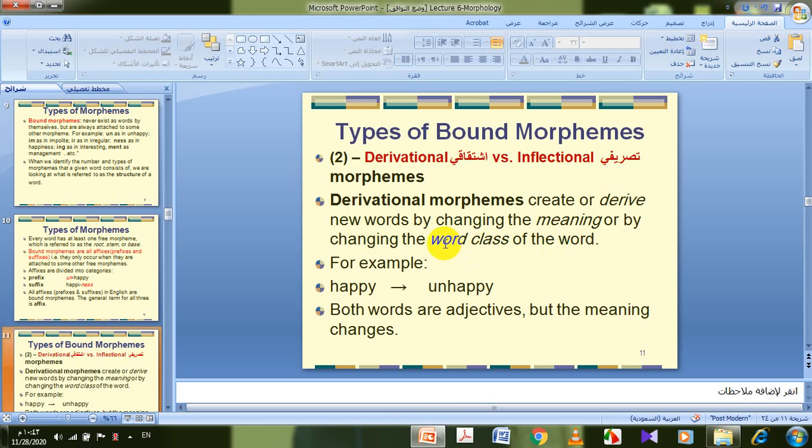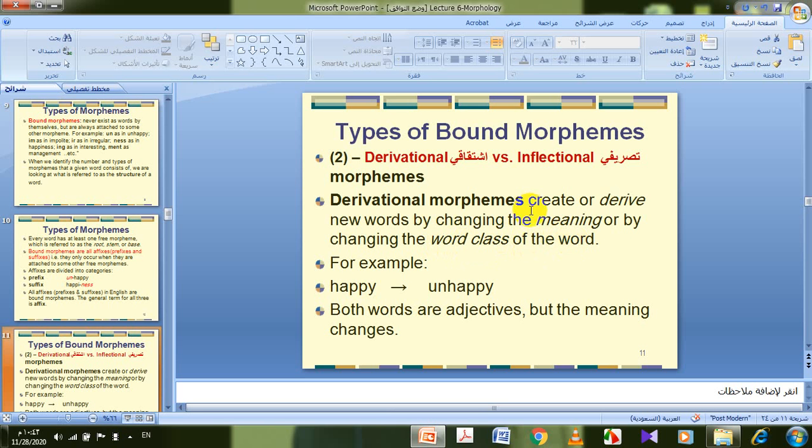Sad is an adjective, sadness is a noun. So the word class changes here. So we can say word class, the word category, or the part of speech of the word.